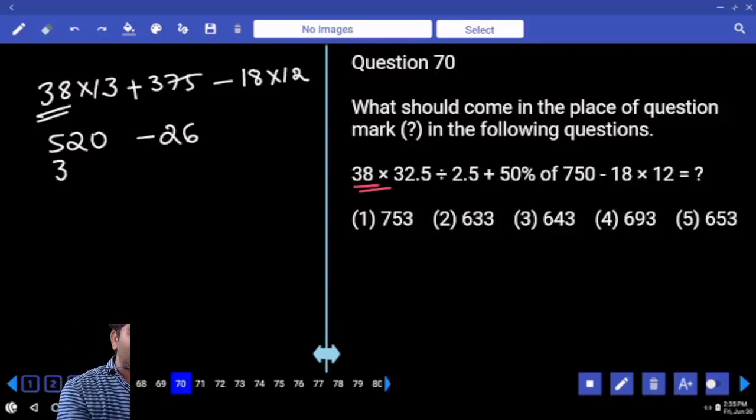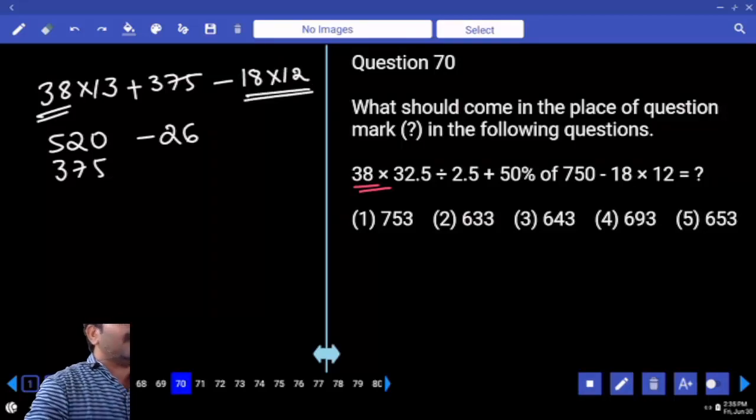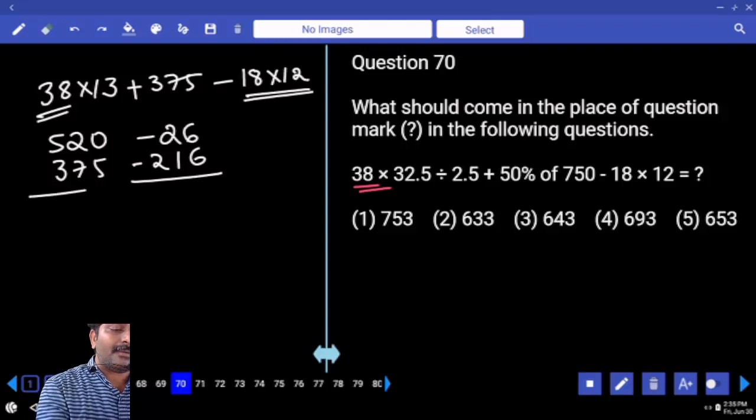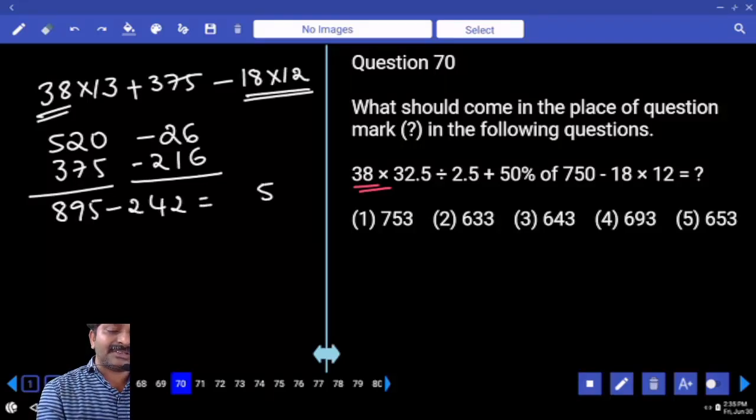So positive number is 375. 18, 12 times only. 12 times in the sense, can I take it as 10 times plus 2 times? 18 tens, 180, 18 twos, 36, 216, correct? Now this value is equal to 895 minus 242. Answer must end with 53 only. How many options are there? 2 are there, and it is 6.